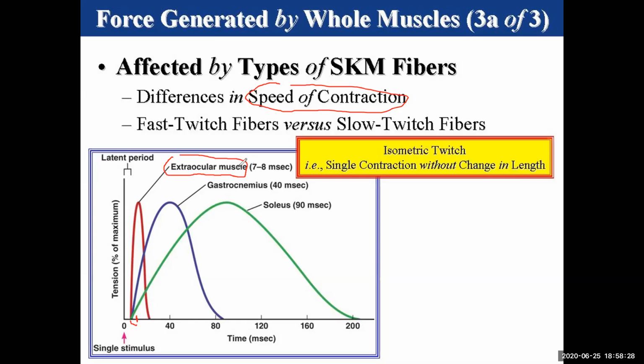And then the same concept, if you apply it to the gastrocnemius, which is the calf muscle, posteriorly in your leg, the calf muscle takes slightly longer time to get to maximum tension. You can clearly see that's lower than the extraocular. And finally, if we apply the same concept all the way to here, that's the soleus.